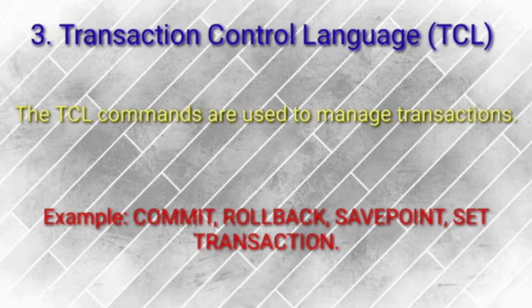Now if by mistake you have done changes and you don't want those changes, you can roll back. Rollback is used just as an undo. You must have learned in MS Word or Excel to undo a set of statements. So rollback is used to undo, and savepoint saves the transaction.